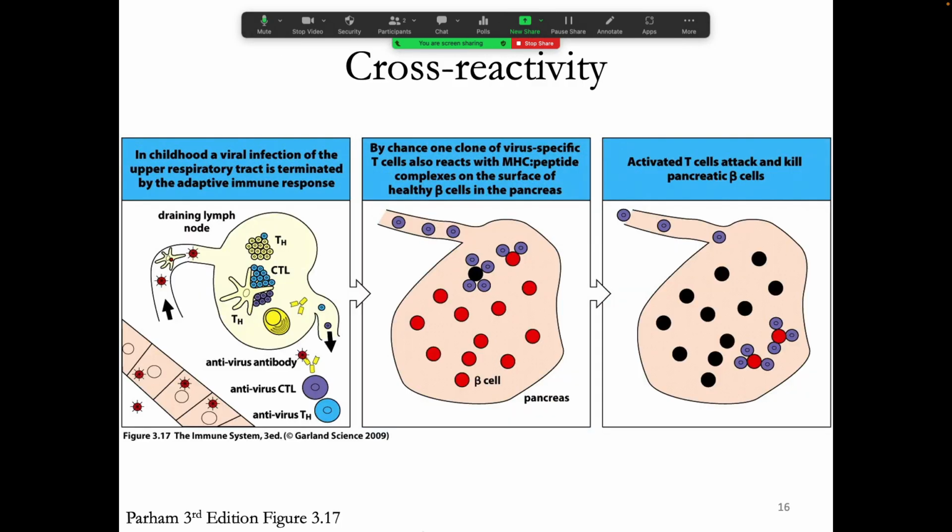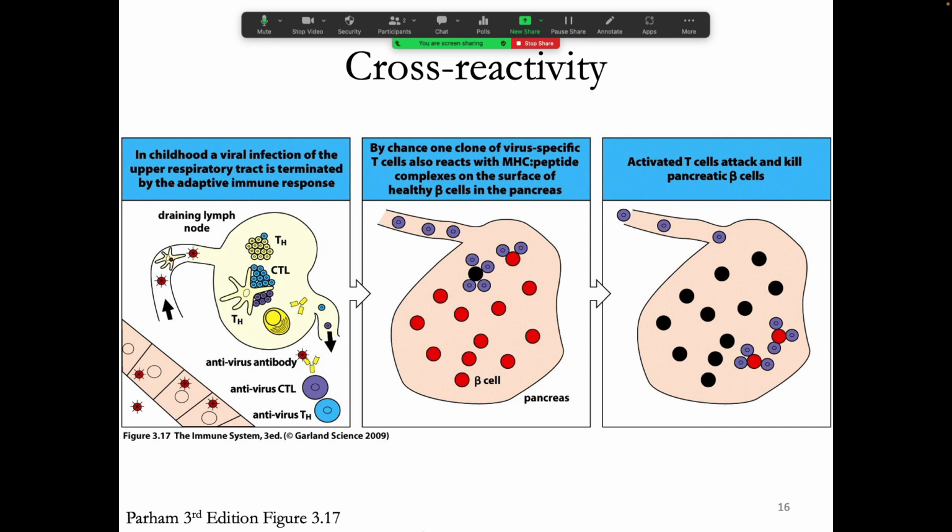We can actually see this in a bunch of different cases. So here you can see this idea, and this is actually very much something that we think is really the case: in childhood one might have some kind of viral infection of the upper respiratory tract, and we're going to make a bunch of different T cells, both helper and CTLs. We're going to make a bunch of different antibodies.